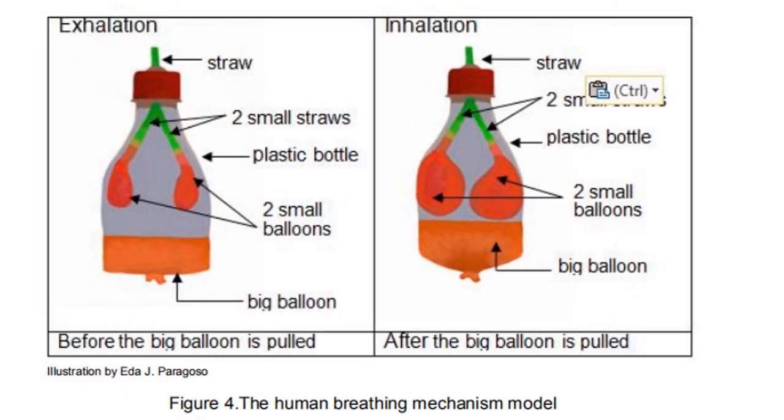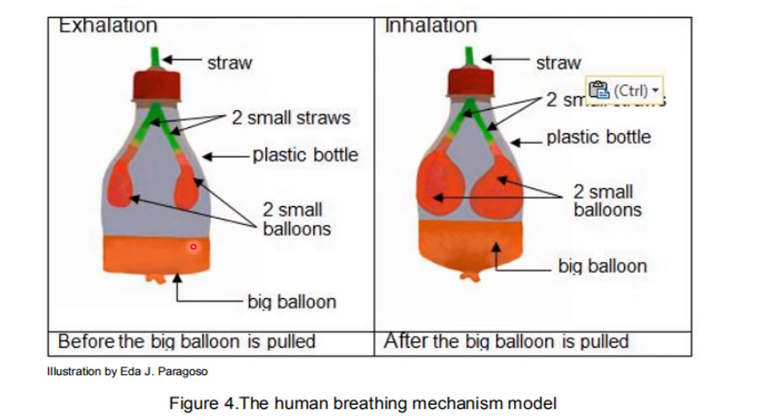Now, let's continue. Are you familiar with this experiment? You remember this? With just looking at it, I know you're familiar with this. We have here an illustration of an experiment using some straws, a plastic bottle, and balloons. Now, do you know what these materials represent? Yes, that's right. It's our respiratory system.